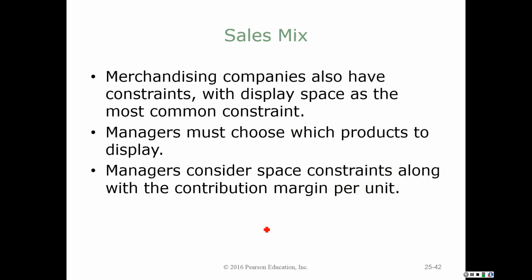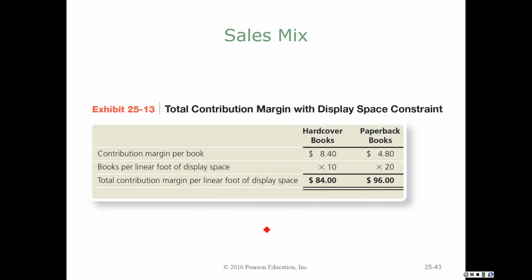Now we can also take into consideration a sales mix for a merchandising company who is not manufacturing a product. So there are some constraints along with the merchandising industry, just like there are in the manufacturing industry. And the illustration that your book provides is, what if you only have a limited amount of display space in an airport bookstore?